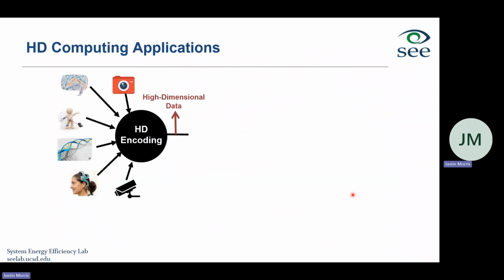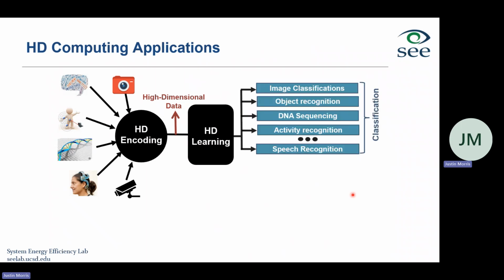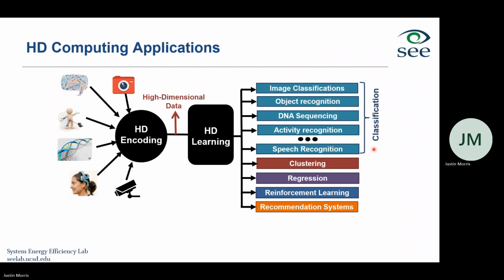So with HD computing, you can use this high dimensional data and apply the learning algorithm to many different applications. We are talking about classification, but it is also being used for clustering, regression, reinforcement learning, recommendation systems.